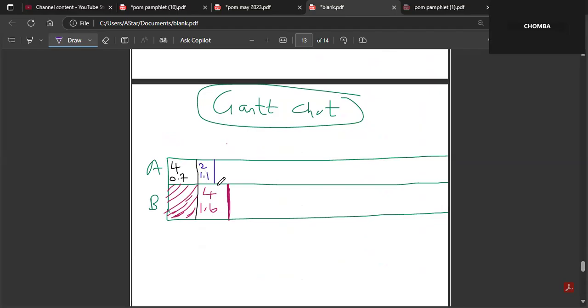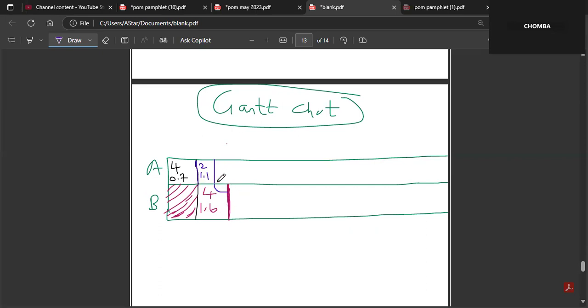So what is happening here? What's the difference between 1.1 and 1.6? Subtract for me. 1.1 minus 1.6. The difference is 0.5.